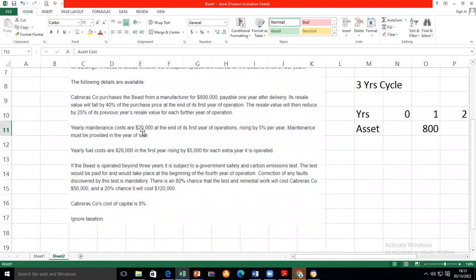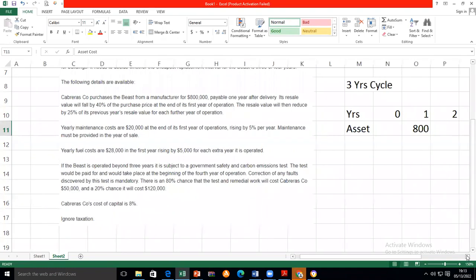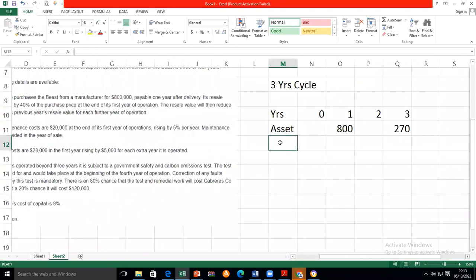Yearly maintenance costs are 20,000 at the end of its first year, rising by 5. So what are the maintenance costs every year?